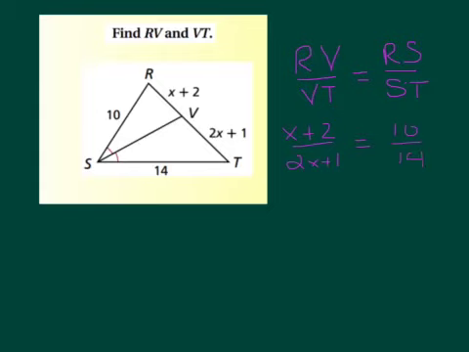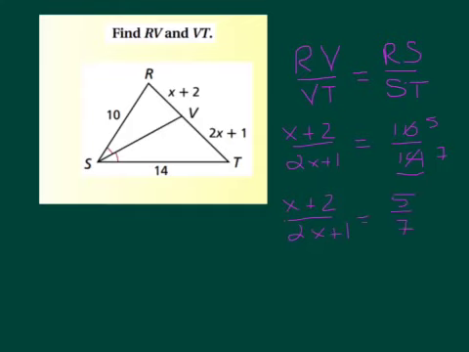So before we go forward, I'm going to go ahead and simplify this fraction right here. I can reduce this to 5 over 7, and I encourage you to do that anytime you have a fraction that can be reduced. It'll make it easier to cross multiply and divide. So we have now x plus 2 over 2x plus 1 equals 5 over 7.